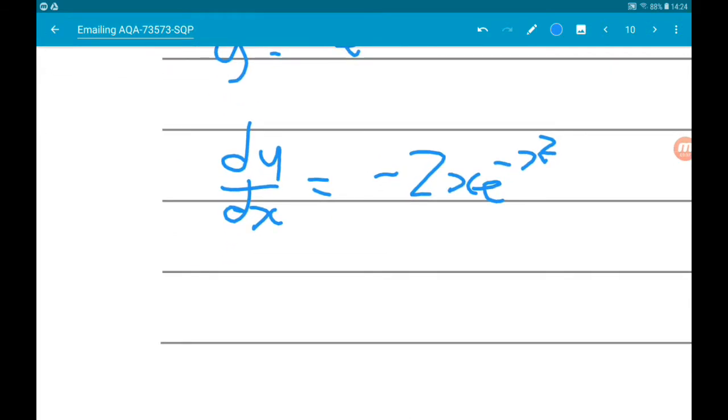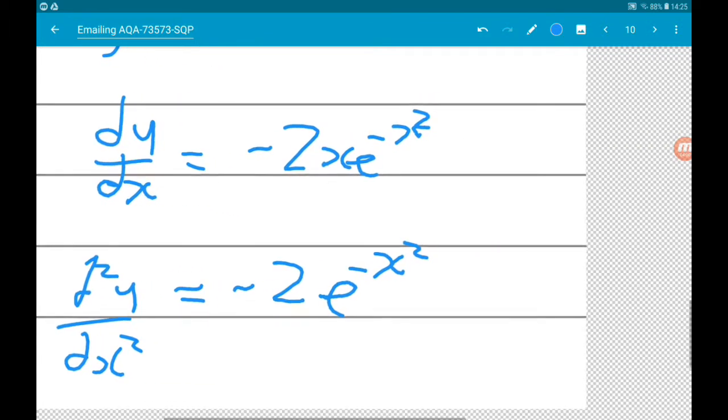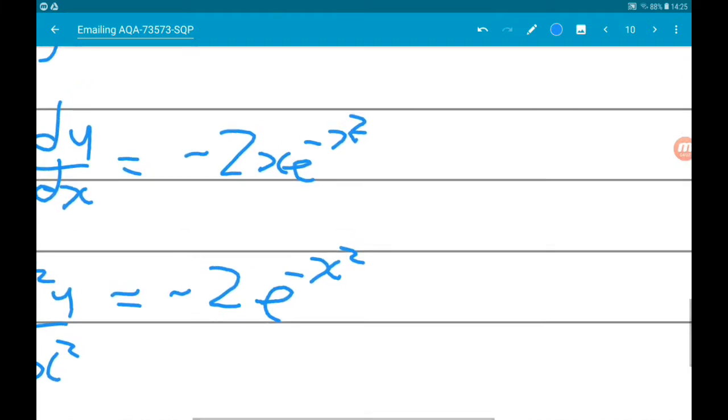Now, d squared y by dx squared is a little bit trickier. We need to use the product rule. So, we're going to differentiate minus 2x. So that's going to give us minus 2 times e to the minus x squared. And then for the second part, we're not doing anything to the minus 2x, but we're differentiating e to the minus x squared again.